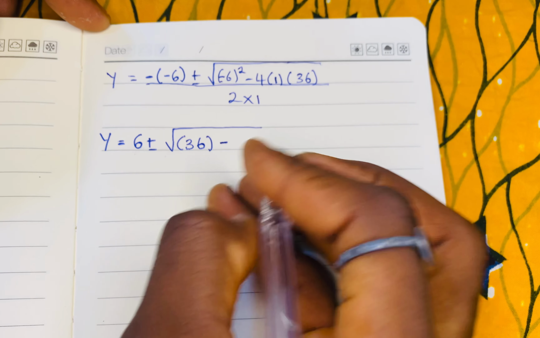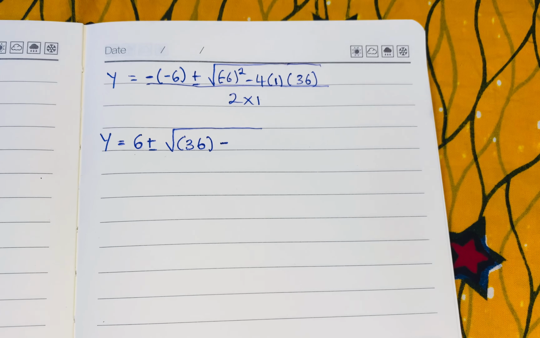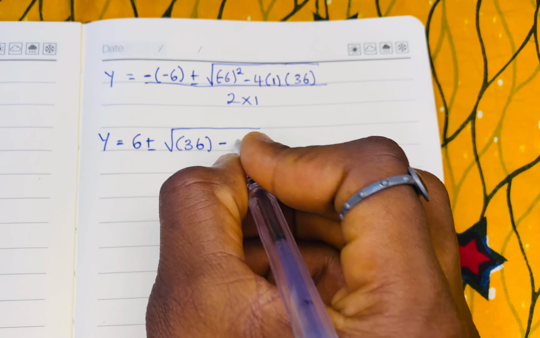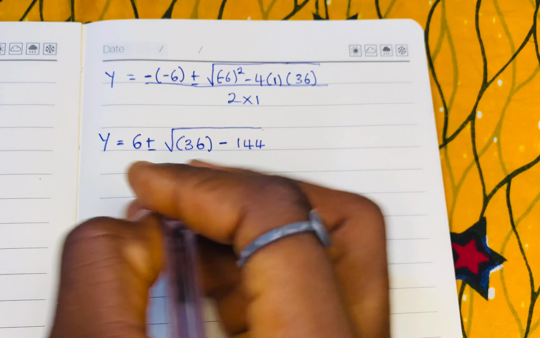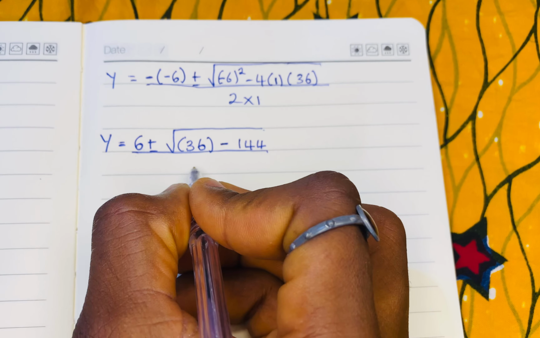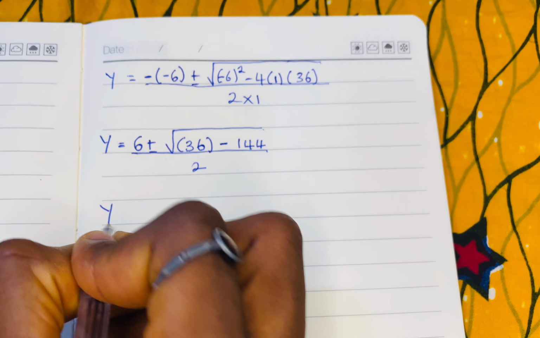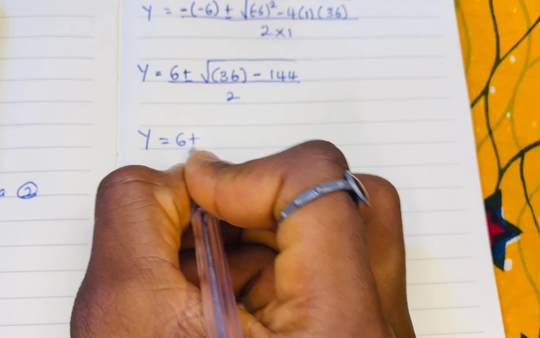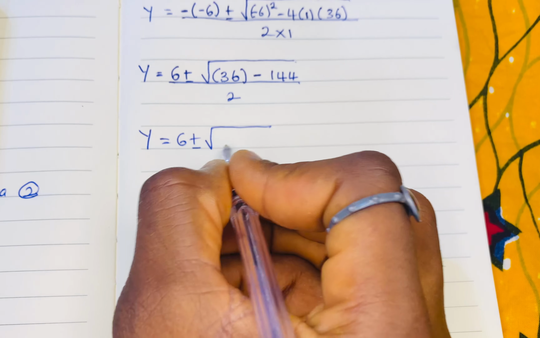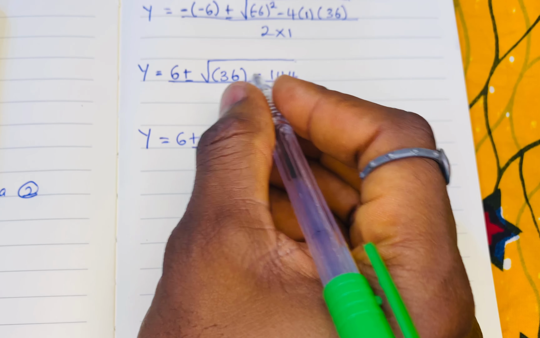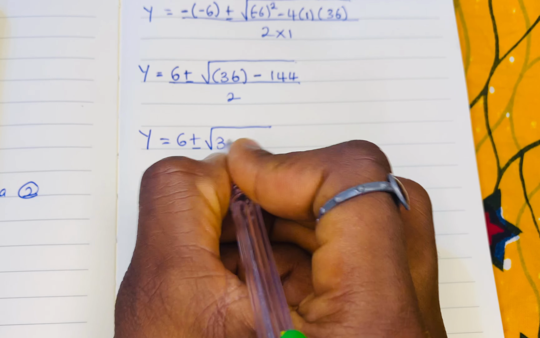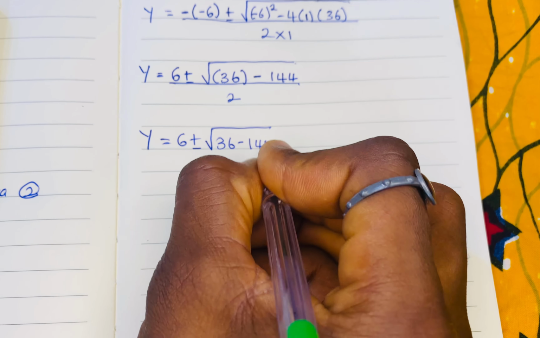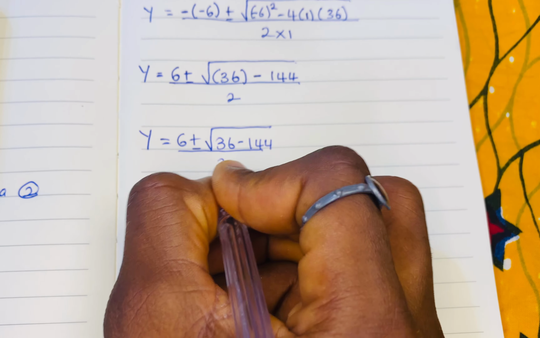Minus 4 times 1 is 4, and 4 times 36 gives 144, all over 2.